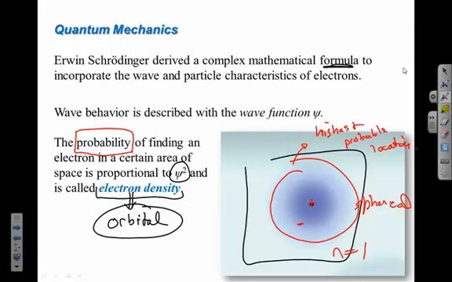But since the electron behaves like a wave, which results in this three-dimensional electron cloudiness, we don't know exactly where the electron is.